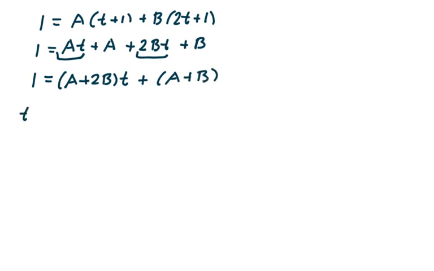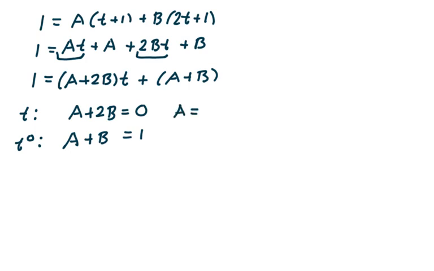So we have an equation that involves t, and we have an equation that involves constants, which I'll call t to the 0. So A plus 2B has to equal 0. A plus B has to equal 1. Now, there's a few ways you can do this. What I'm going to do is solve for A in terms of B. So A equals negative 2B.